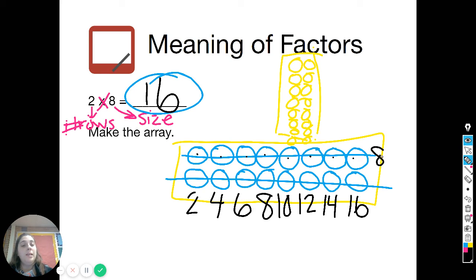And then I'll write 8. And then I'm going to keep counting. 9, 10, 11, 12, 13, 14, 15, 16. So even if I count one at a time and label the end of my rows, I still get to 16. So 2 groups of 8 equals 16.